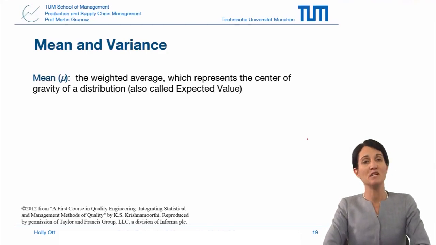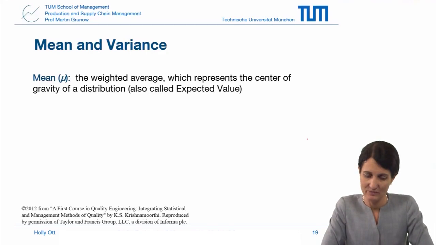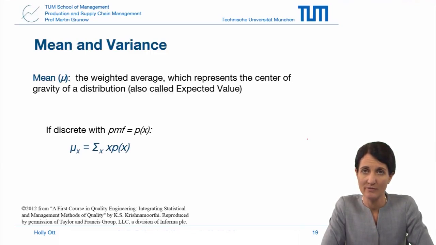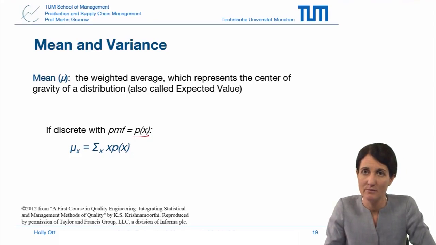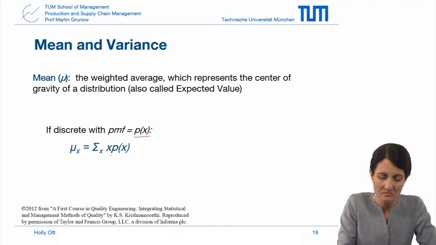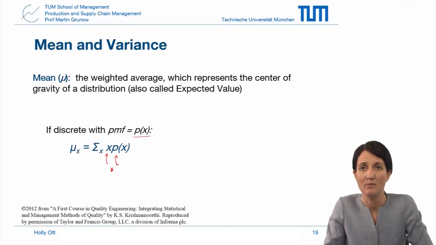Now, what does the mean mean? The mean is the weighted average. It represents the center of gravity of a distribution, and it indicates where the distribution is located on the x-axis, where the central point is located for the distribution. So if x is a discrete random variable with a PMF equal to P of x, the way we calculate the mean is that we sum for all possible values of x, the value of x multiplied by the PMF.